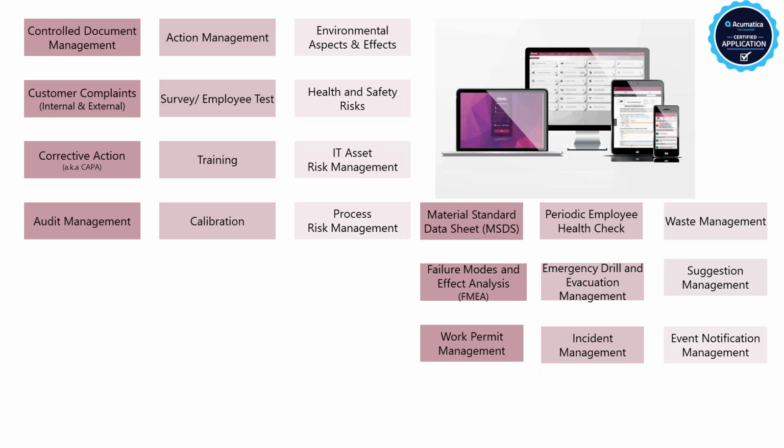We have more than six different risk management modules right now. The most popular one is process risk management, followed by environment, health and safety, and IT asset risk management. We also have an incident management module that helps you manage incidents as well as recalls, and it is also integrated with Acumatica.